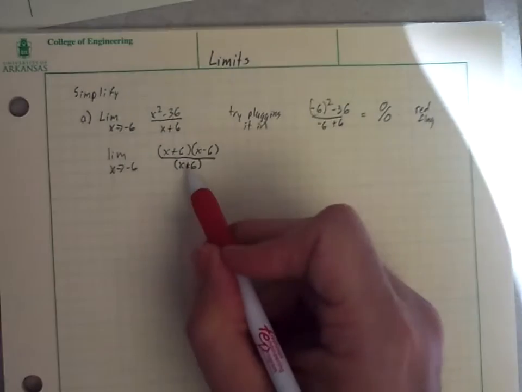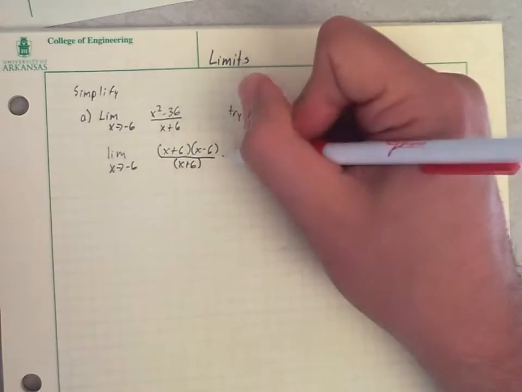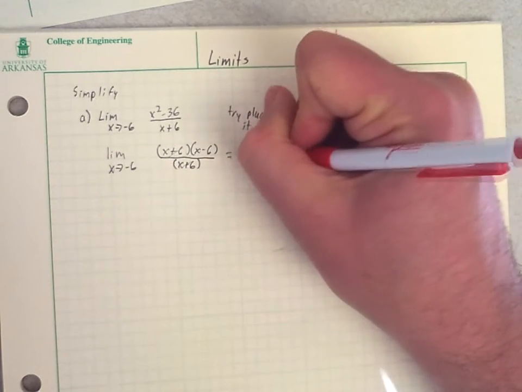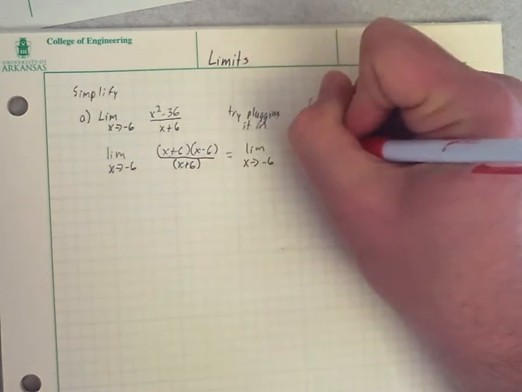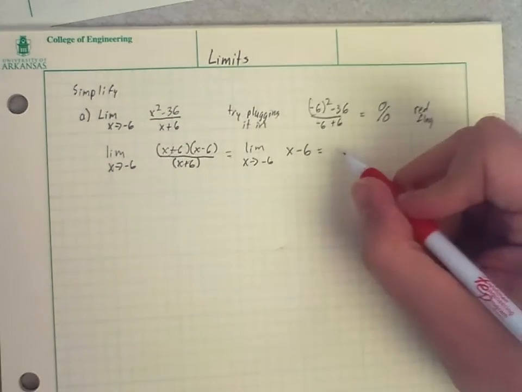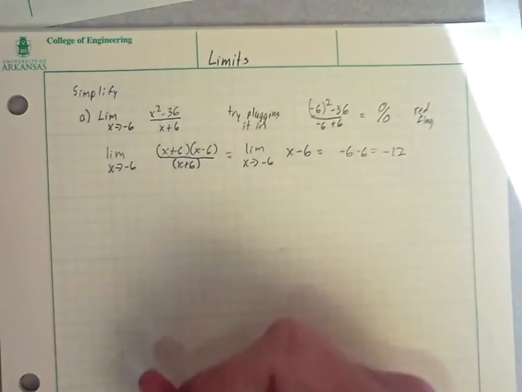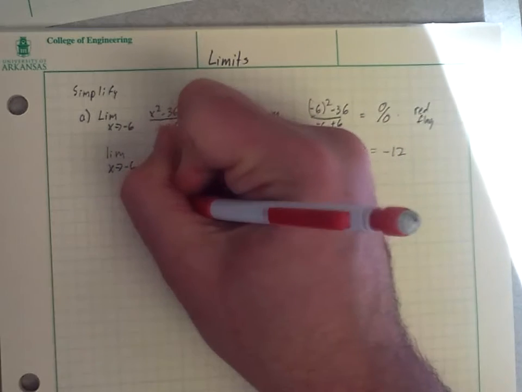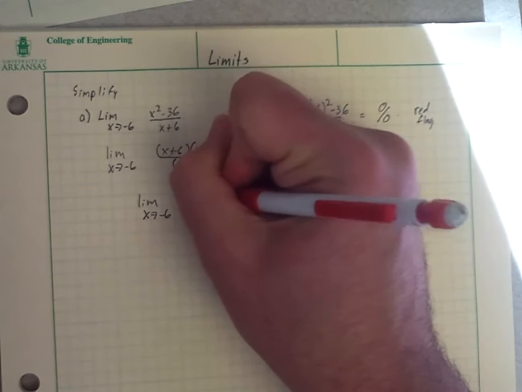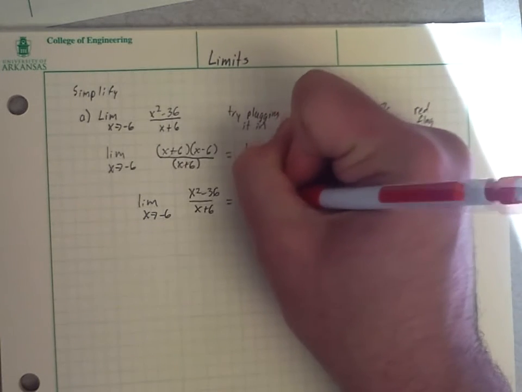Then I can cancel these two terms, so this is the same as the limit as x goes to negative 6 of x minus 6. Now I can just plug in and get negative 6 minus 6 equals negative 12. So the limit as x approaches negative 6 of (x squared minus 36) over (x plus 6) equals negative 12.